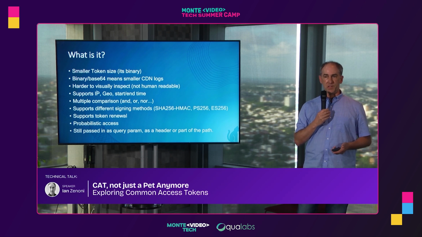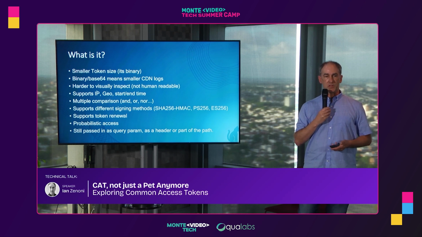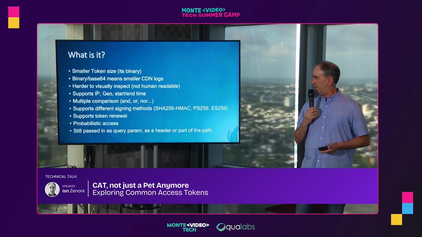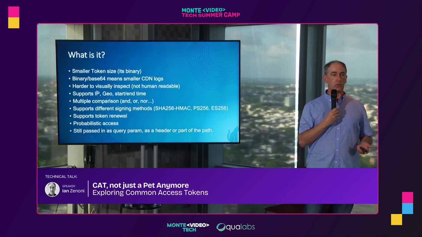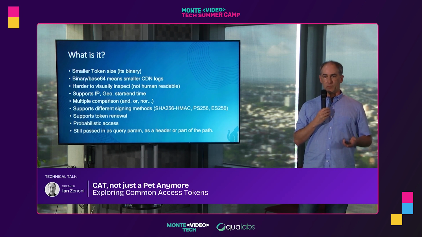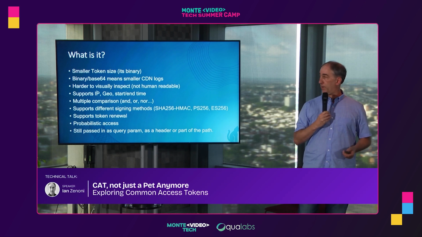That's the CDN leeching concept where someone will share a token, then all of a sudden you have a whole bunch of requests coming in from that token. These are still passed in as query parameters or headers or part of the URL for HLS streaming. They can also be used for DASH streaming as well.